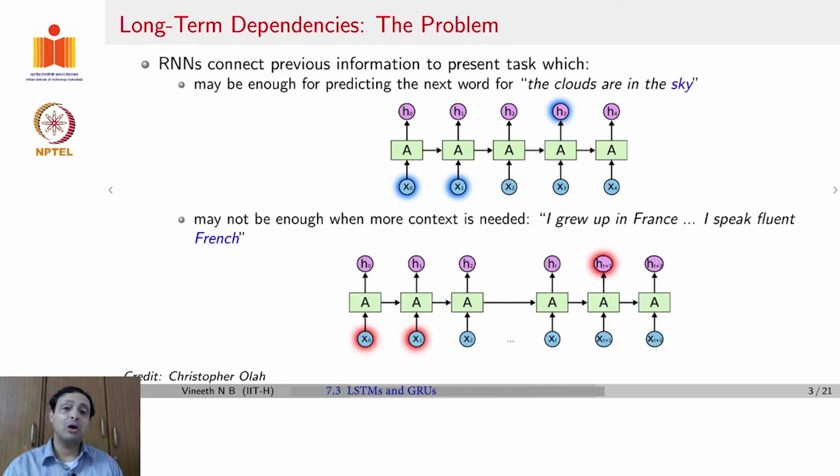However, if you have a longer sentence, such as "I grew up in France, I speak fluent French", the word "French" at a particular time step may depend on some other word that was used several words ago. These long-term dependencies may not get captured by an RNN, because the presence of the word "France" may not have an impact on the word "French", as the gradients may vanish between these two time steps. So we're going to talk about how we address this in this lecture.